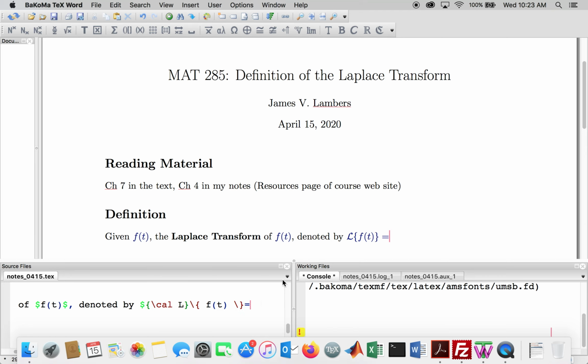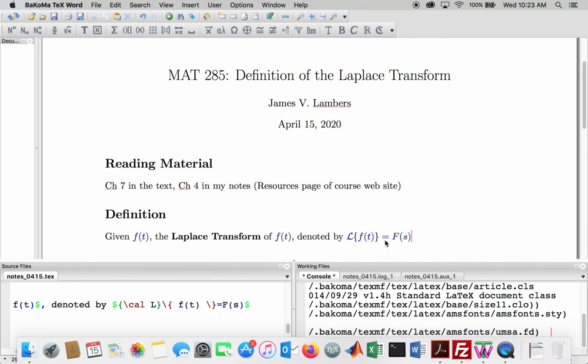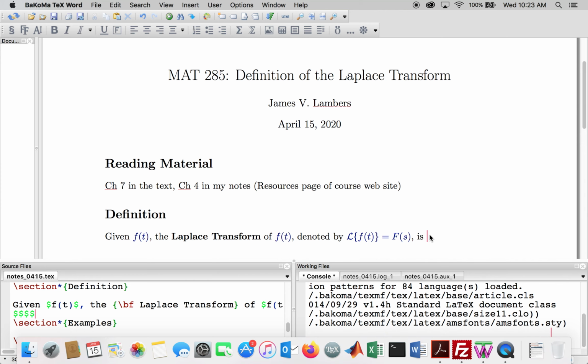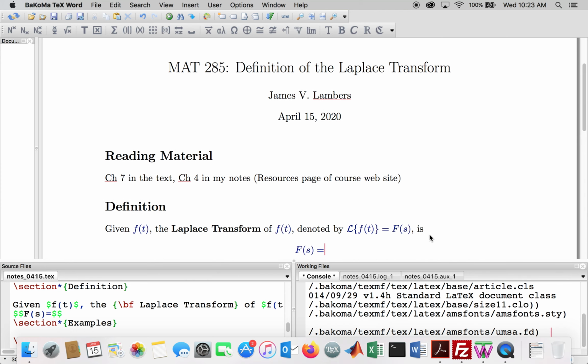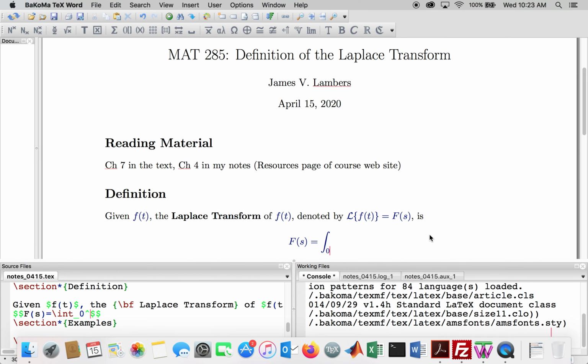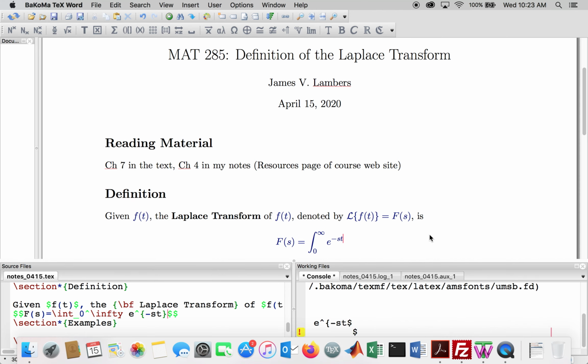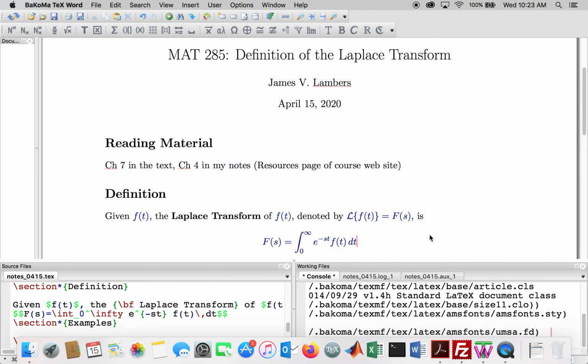And the function that we're given is a function of t. The output of a Laplace transform is also a function, but a function of a new variable, which I'll call s. So it maps one function to another. And what is that function? It's defined as an integral from 0 to infinity of e to the minus st f of t dt.